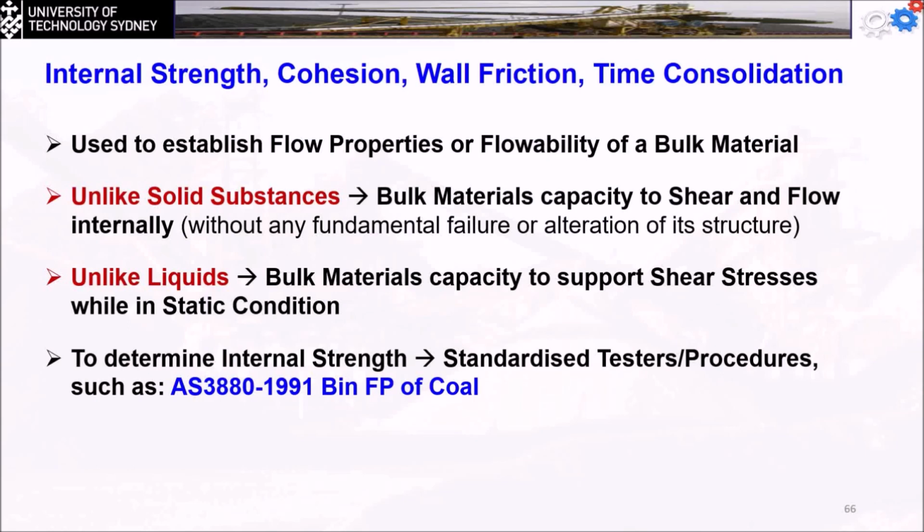Okay, so the flow properties, we had to know something called the yield locus concept. So this guy is called Andrew Jenike, which is an American guy who was working on the properties of the bulk materials.